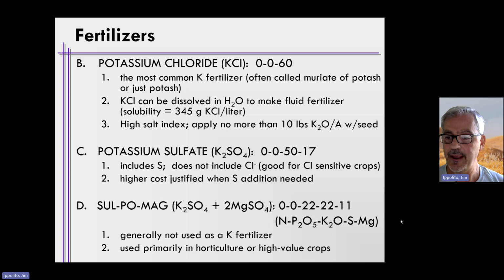I bring this up for a reason because it's generally not used as a large-scale potassium fertilizer. It's used more in specialty crops, high-value crops, and horticulture. It's important for me to tell you this because I know some of you are in horticulture, or some of you may be growing high-value crops.